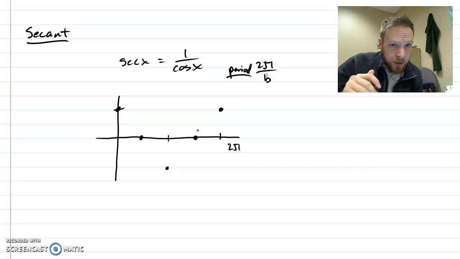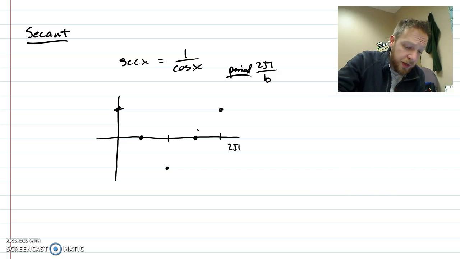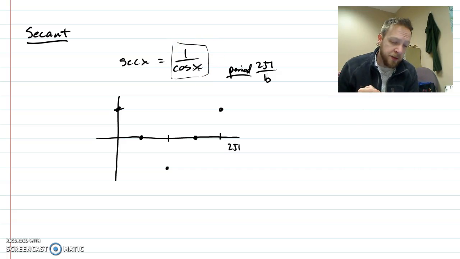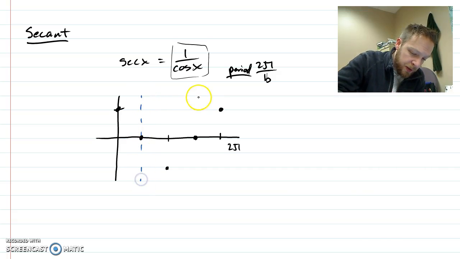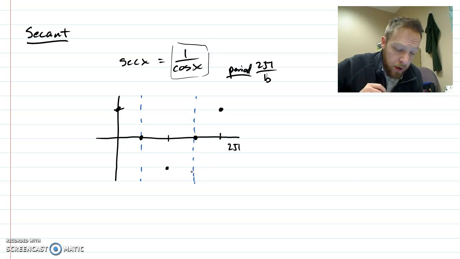You think about cosine, you think about where it is going to be zero, because when I do 1 over cosine, that's going to be an asymptote. So what I'm finding here is that when cosine is 0, that's going to be at pi over 2 and 3 pi over 2. So you're always going to graph these important key points, and then you're going to think, when 0, I know that 1 over 0 will be your undefined points.